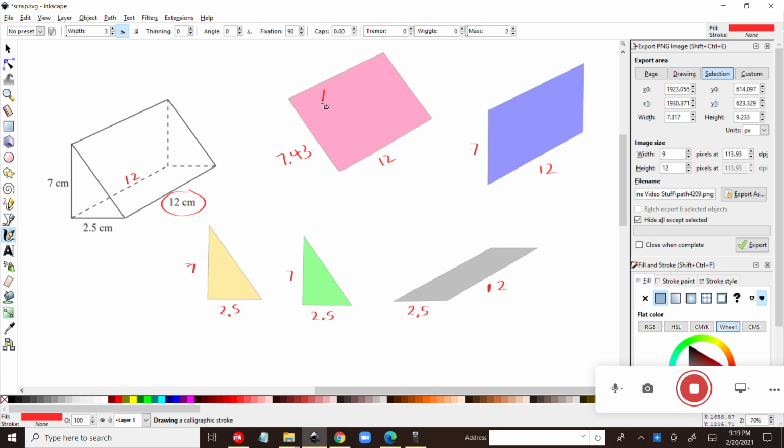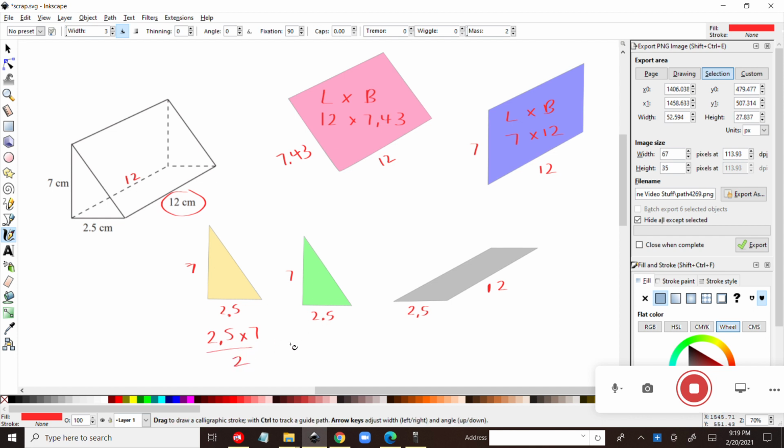So let's just find the area of each shape. The area of a rectangle is just length by breadth. Let's put 12 multiplied by 7.43. Over here is going to be length by breadth also, 7 by 12. The area of a triangle is base by height divided by 2.